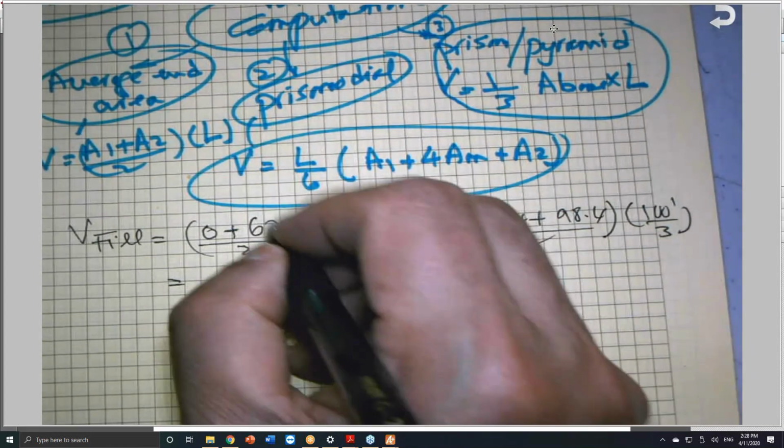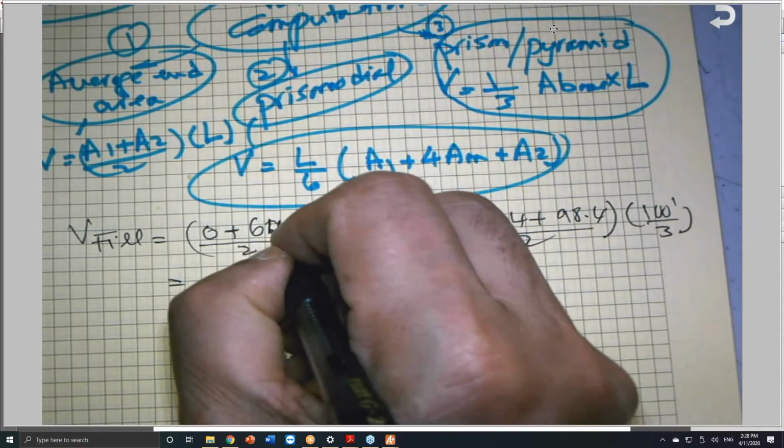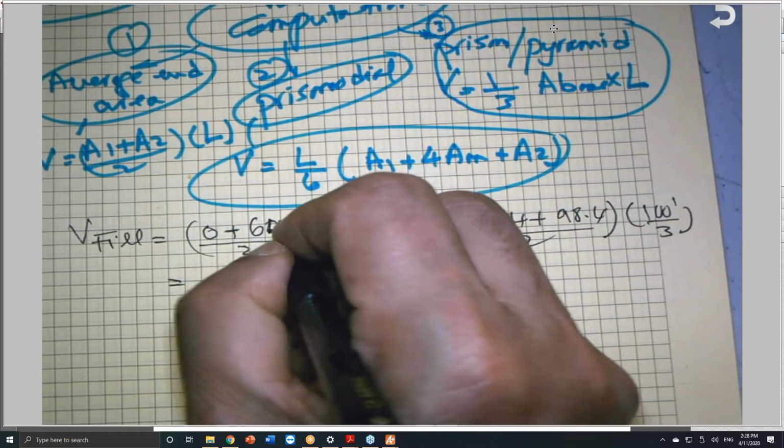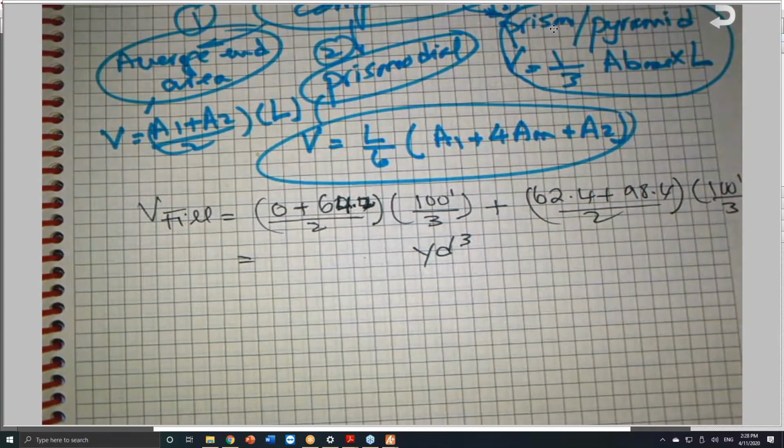It seems that I put the density of water, 62.4, blindly. Forgive me for that.